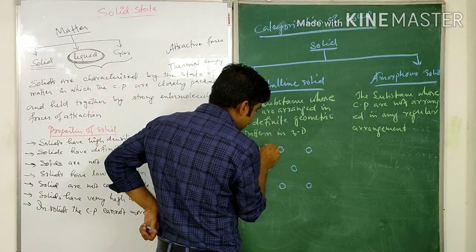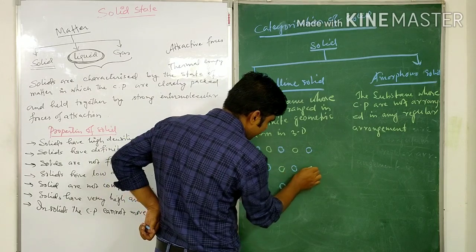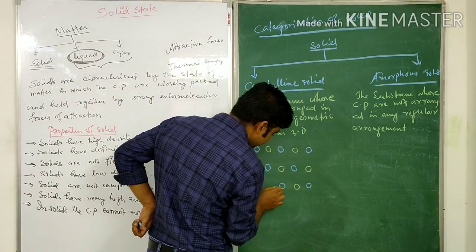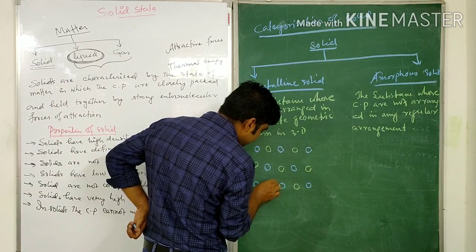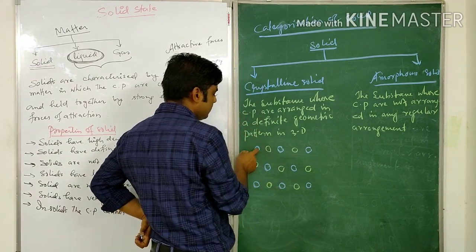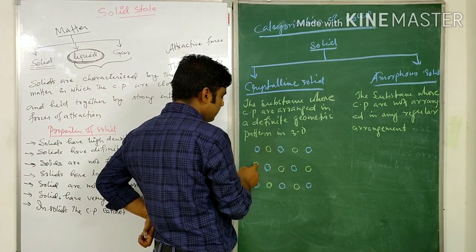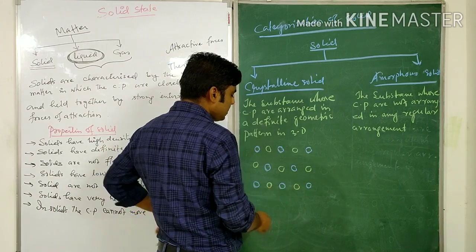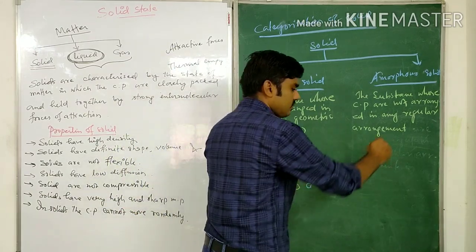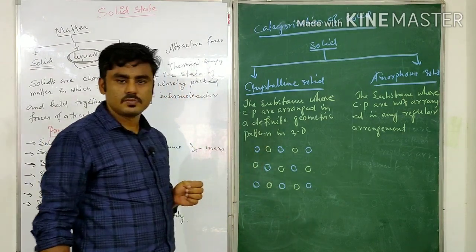There are two types of atoms, one blue and one green, and their pattern is repeated: blue, green, blue, green, and so on. This pattern will continue over the crystal.